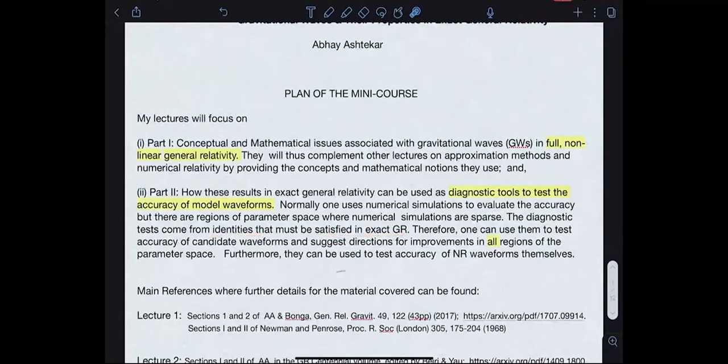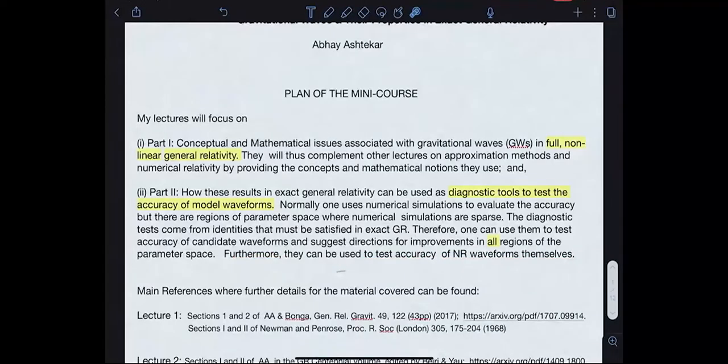No matter what your method is, if your model is a good approximation to exact general relativity, it must satisfy these identities. Therefore, they can serve to test the accuracy of the candidate waveform model and suggest directions for improvements in all regions of the parameter space, even where the numerical simulations are very few. Furthermore, they can also be used to test the accuracy of the numerical relativity waveforms themselves.